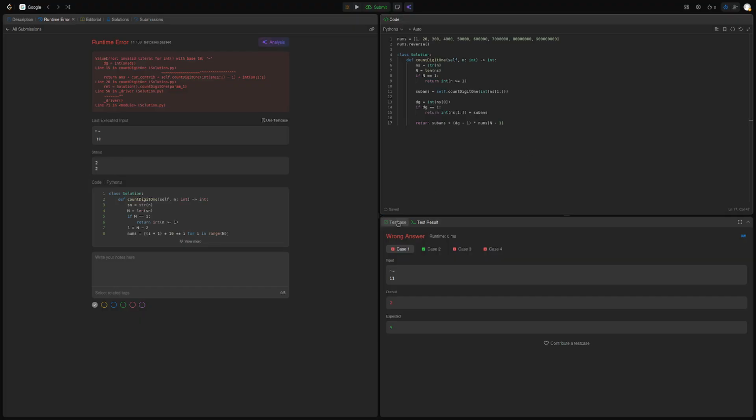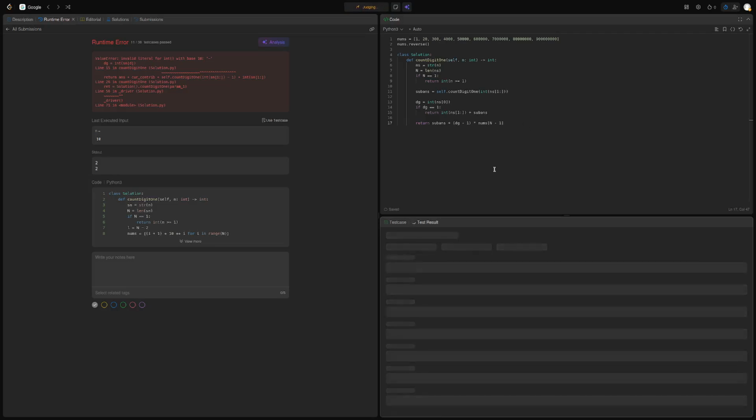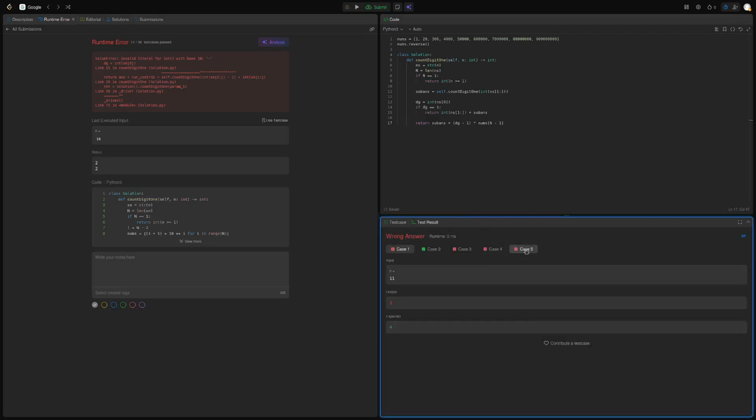Let's do 56 if it works. No. What? Are you kidding? No, that's not true. So smaller than or equal to digit 1, one number only, one number, right? So the answer of that should be 1.